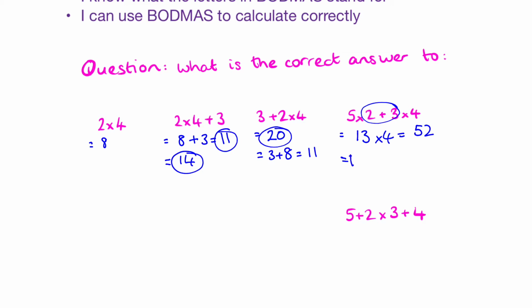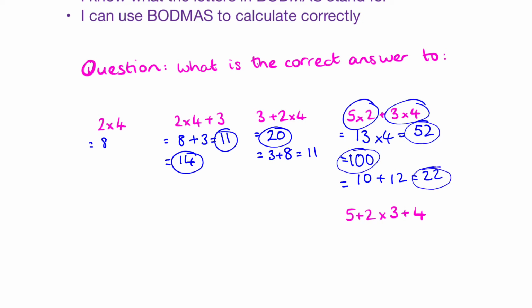That gives us 100, because that's 25 times 4. Or we could do, just a minute, we could do 5 times 2 and add that to 3 times 4. So that'd be 10, add 12, which is 22. And again, look, we've ended up with different answers to the same question.